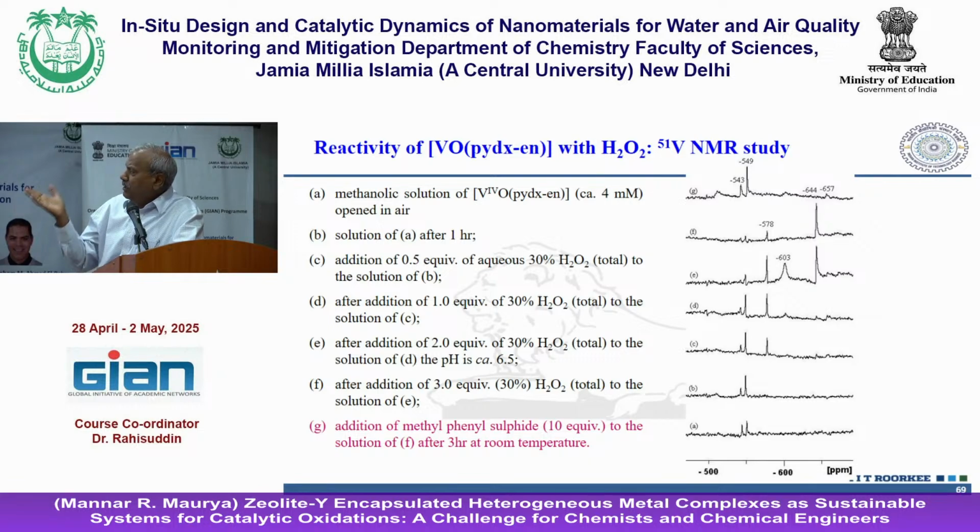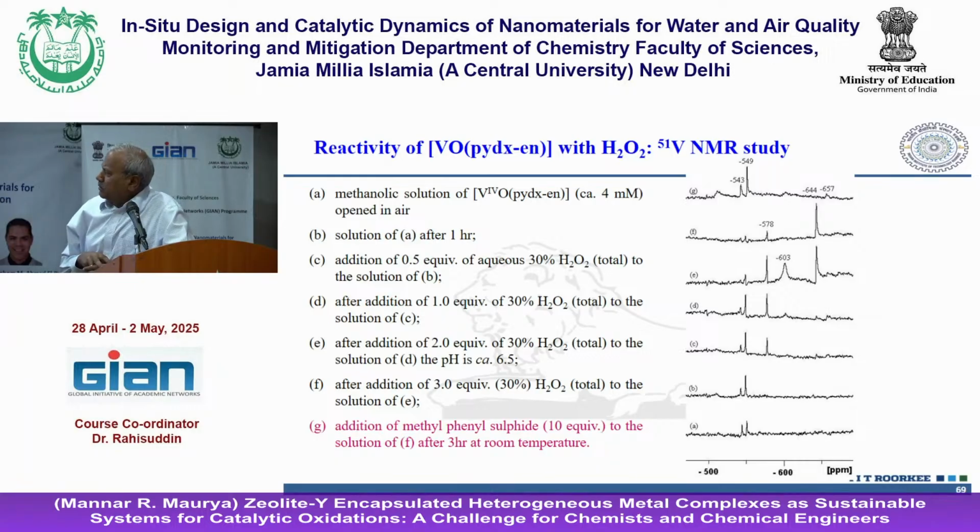When you further add H2O2, the peaks are better and better. And then another peak you can see is due to the formation of the peroxo compound. Okay. Then move further, more peroxo species formed, and then you add the substrate.